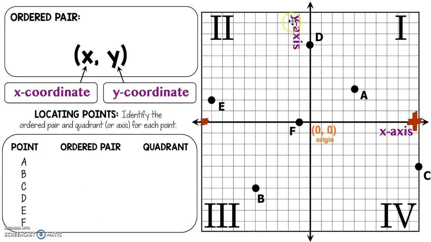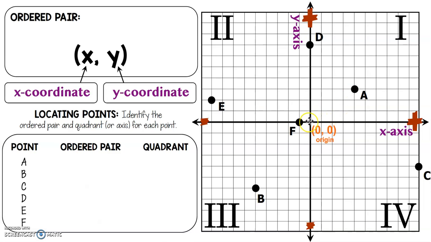What about the y's? The y-axis, if I'm going up, so if I'm on the top part of our graph, we know these are our positive y values. If I'm going down, these are my negative y values. So I need to figure out whether my values are positive or negative based on where they are on those axes.